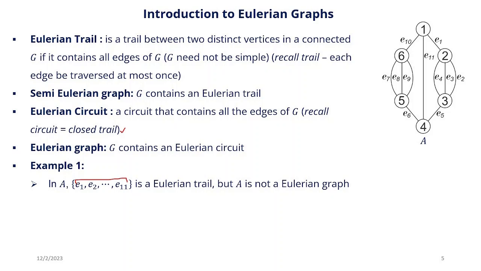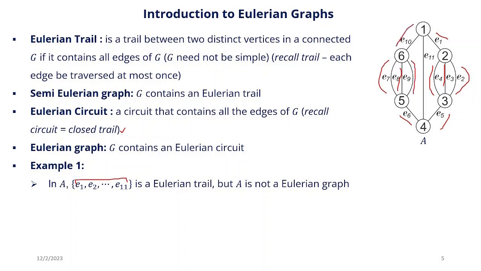Let's traverse the edges. So we'll go from 1 to 2, from 2 to 3 via E2, and then from 3 to 2 via E3, and from 2 to 3 again via E4, 3 to 4 via E5, 4 to 5 via E6, 5 to 6 via E7, from 6 back to 5 via E8, and back to 6 via E9.